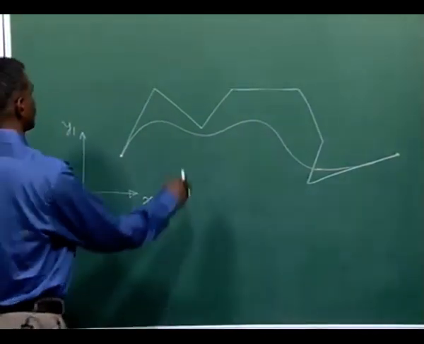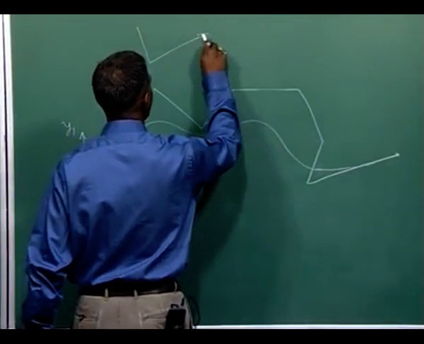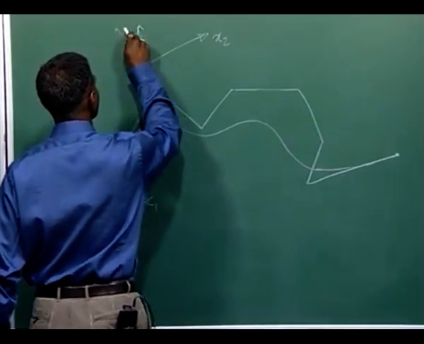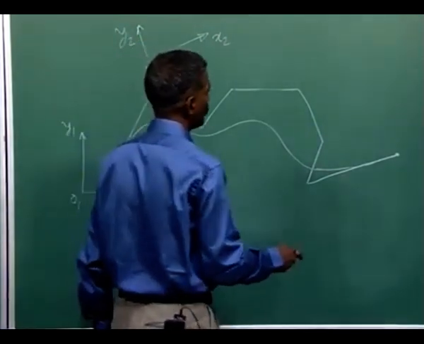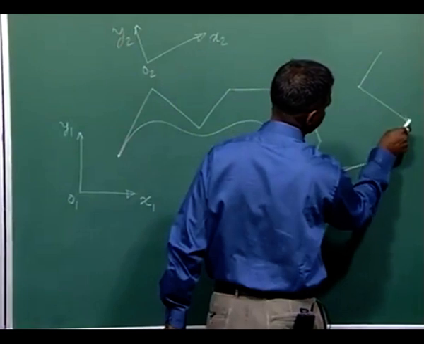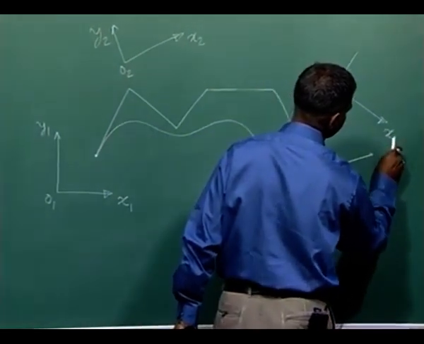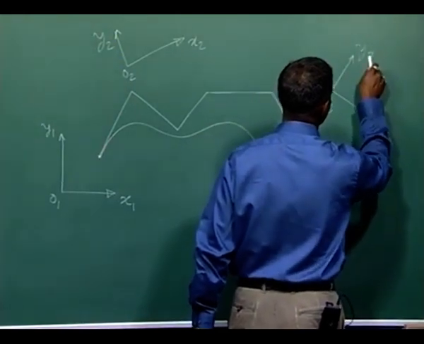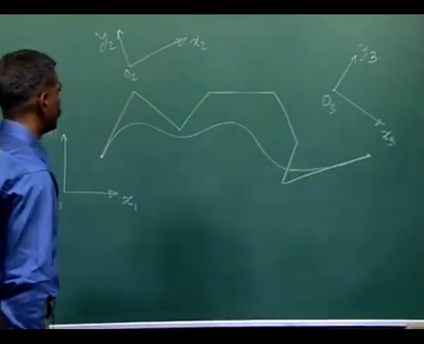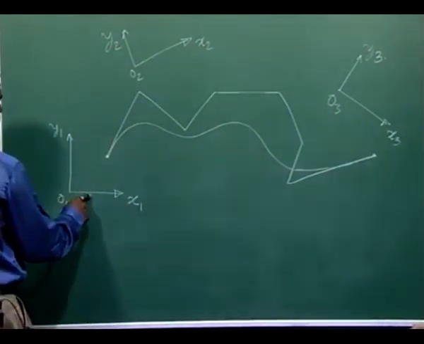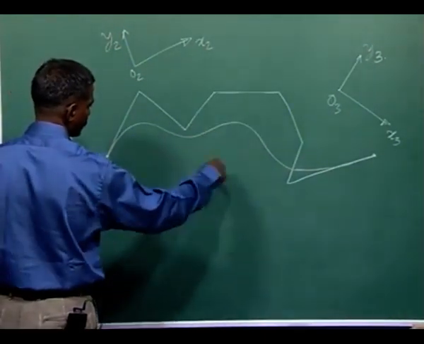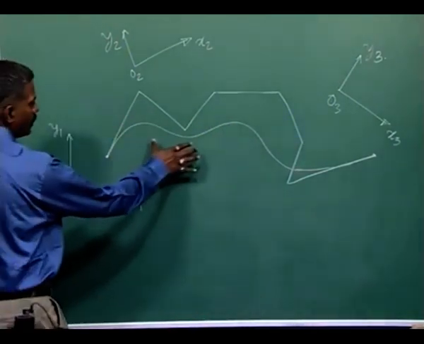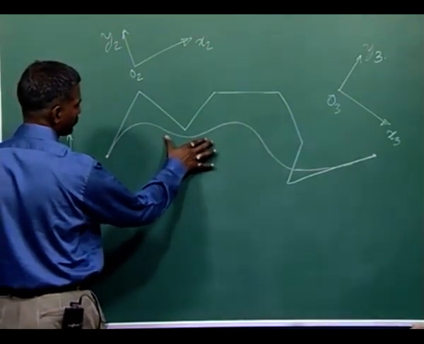whether this or whether this or whether this one here, no matter what coordinate system I use to express the shape of a Bezier segment, this shape will remain unchanged.